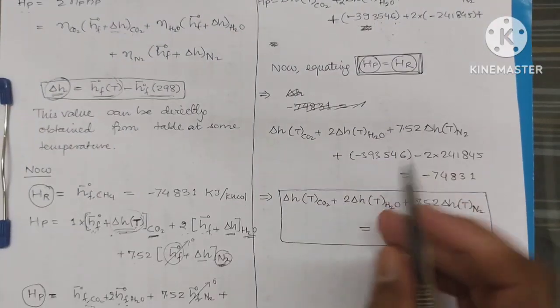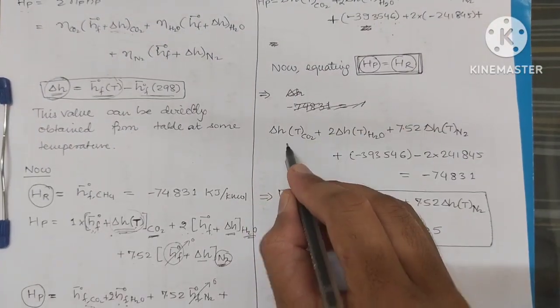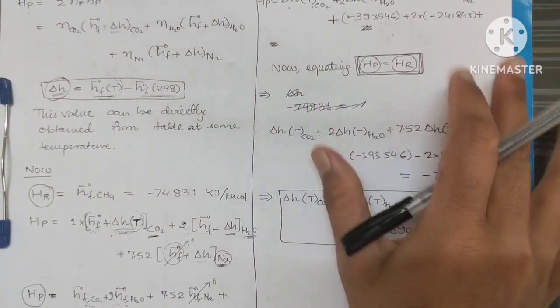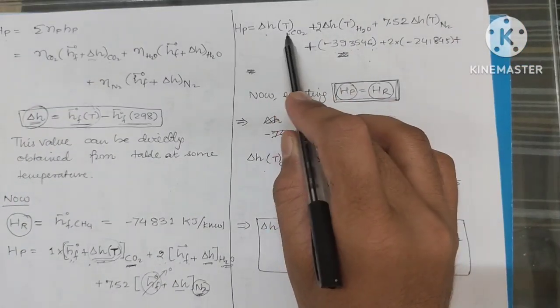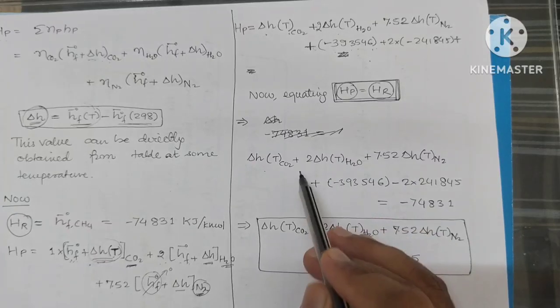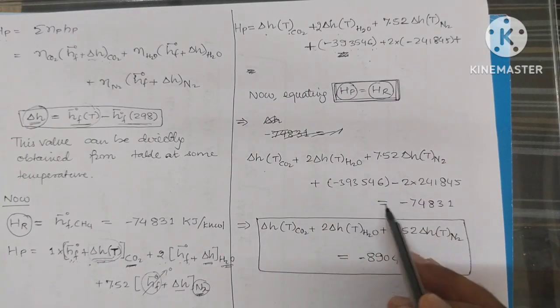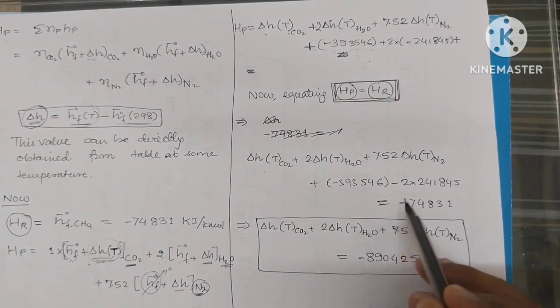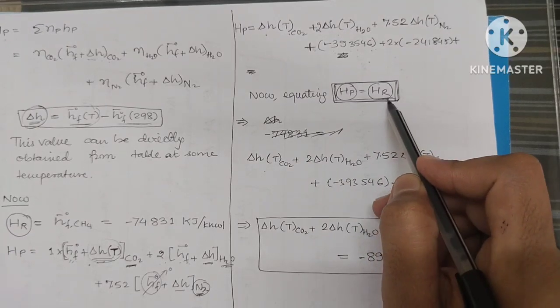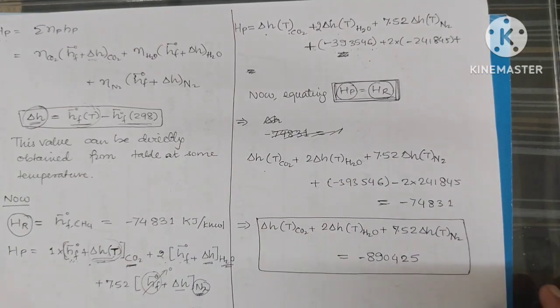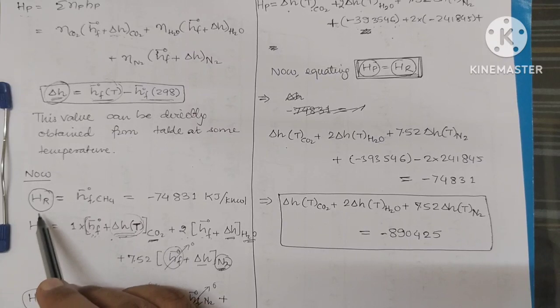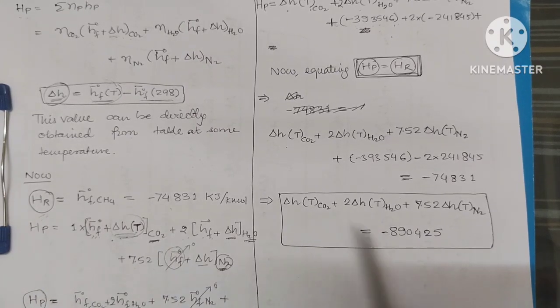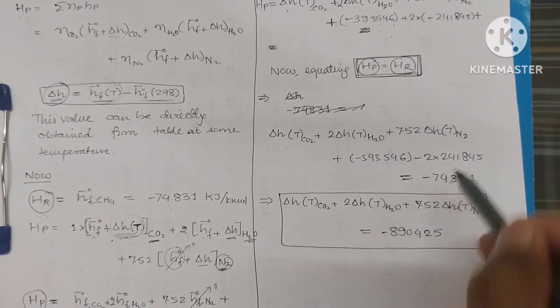Now this is the enthalpy of product. This whole term we got like this. We can write this with the equal sign, and the enthalpy of reactant we got earlier like this. So we will equate like this.